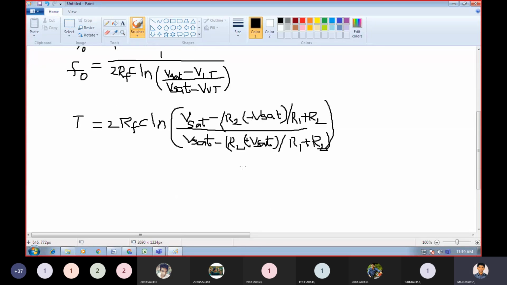From this equation, let us assume that the magnitudes of plus V saturation and minus V saturation are equal. Then what is the T value?